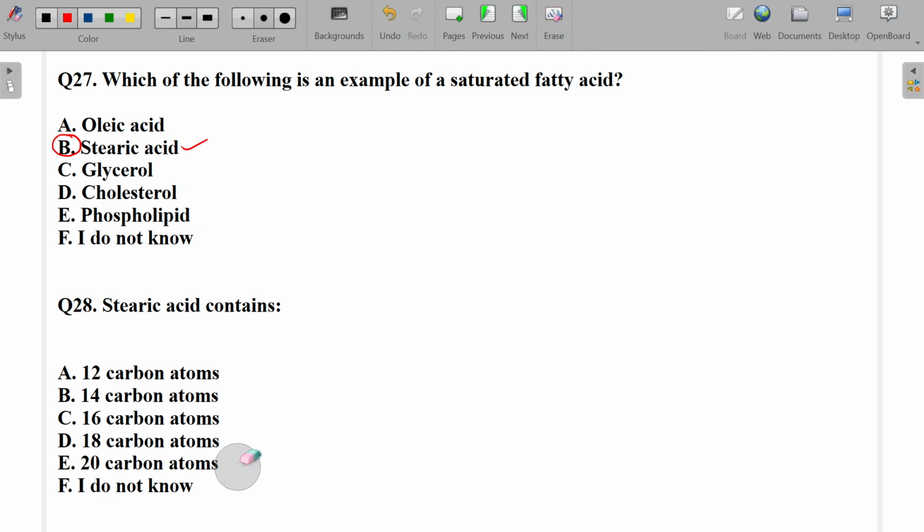F, I do not know. D, 18. It contains 18 carbon atoms. Okay.